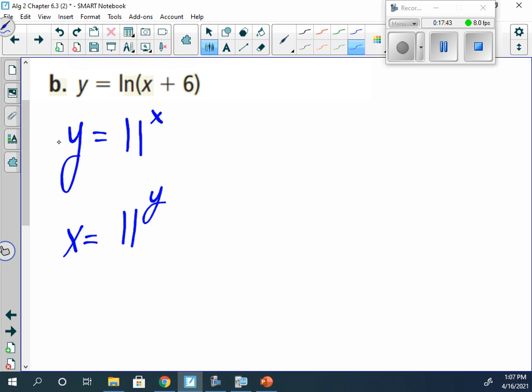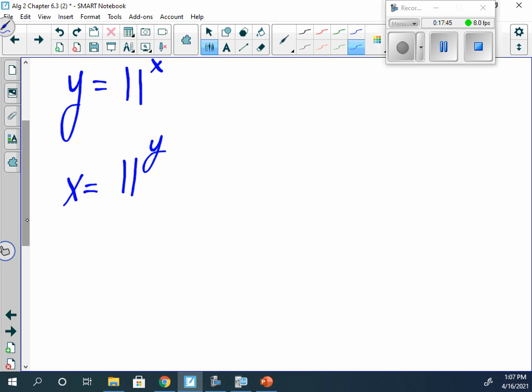All right, what can we do next? Log base 11 of x is equal to y. So we're just using that switching from exponential to logarithmic.